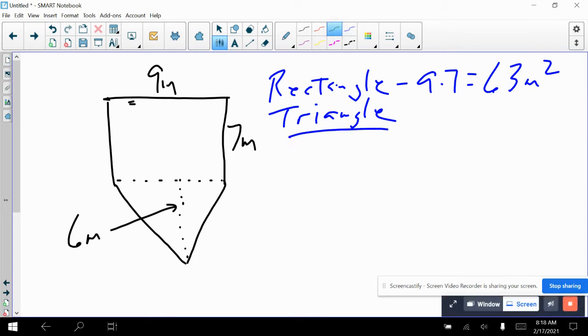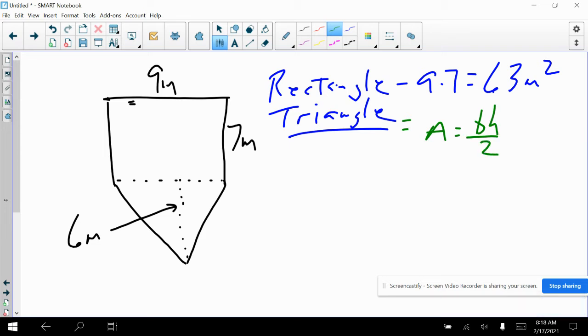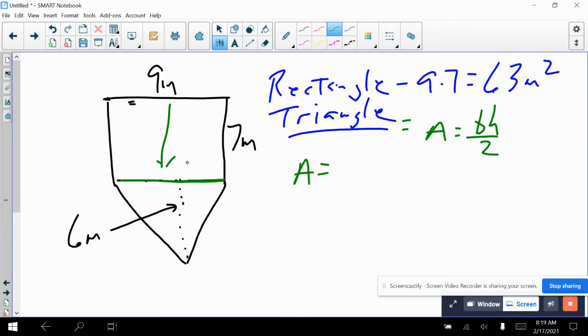All right, the rectangle here, pretty simple. That would be 9 times 7, right? That would be what, 63 meters squared. So that's easy. Okay, so here's the triangle. This is what follows us up. What's our area of a triangle? Base times height divided by 2. What's the most common mistake? Dividing by 2. That is correct. Okay, so what's the base of our triangle here? Be careful. You got to look at the markings. Michael? That is correct. 9. The green line is the base. The triangle's upside down.